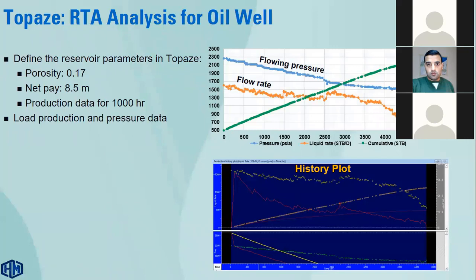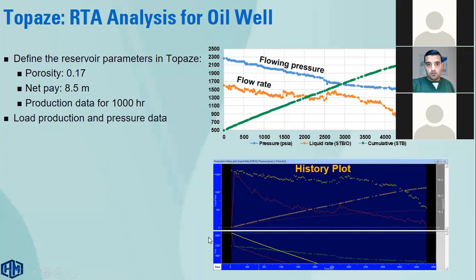To discuss some field example for RTA, we have flowing pressure versus time and flow rate. If we define a new project in Topaze using these parameters for porosity and net pay and production data, as you can see, for almost 1,000 hours, we load production data, production rate, and pressure versus time.